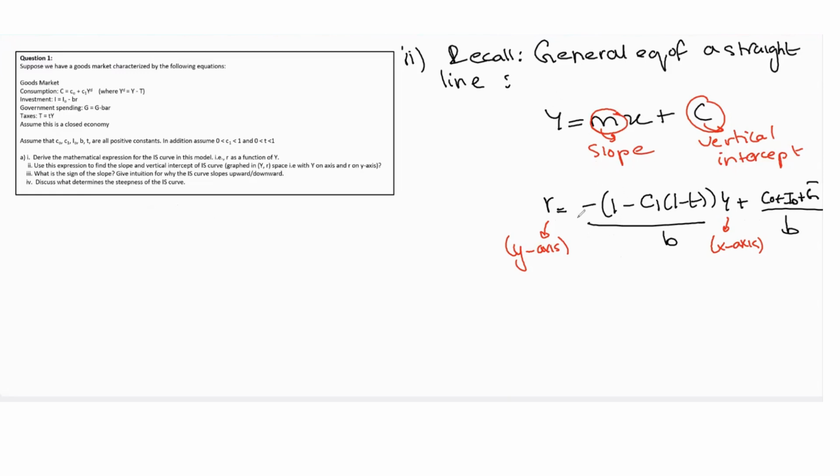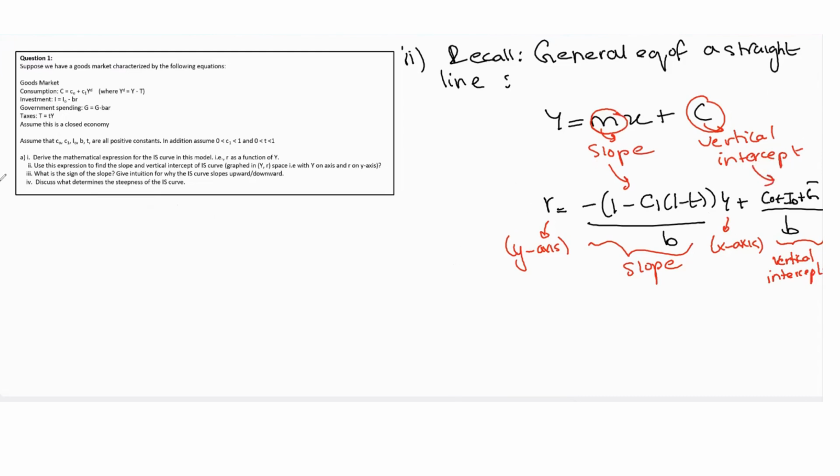So the idea is that if I compare the equation of my IS curve with the equation of the straight line, R is the variable I'm going to plot on the vertical axis. Y, output, income, or production, is the variable we're going to plot on the horizontal axis. So I can see the coefficient of the variable that I'm plotting on the x-axis represents the slope, and this is the vertical intercept of our IS curve.